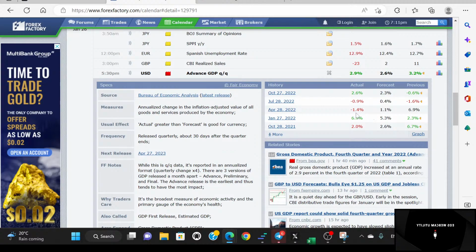So it was minus 1.4% and it was minus 9%. When we say negative GDP, that's supposed to be negative from the previous one. Now this time the GDP has risen up.